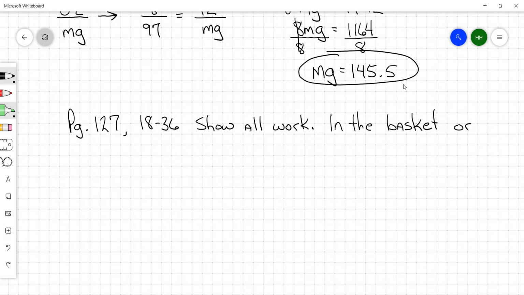If you're home, if you're an e-learner, you're going to email a picture of your completed assignment. Email a picture by 10:07. All right, that means take a picture of what you've gotten done by 10:07 and email it to me. So that's your assignment for today.